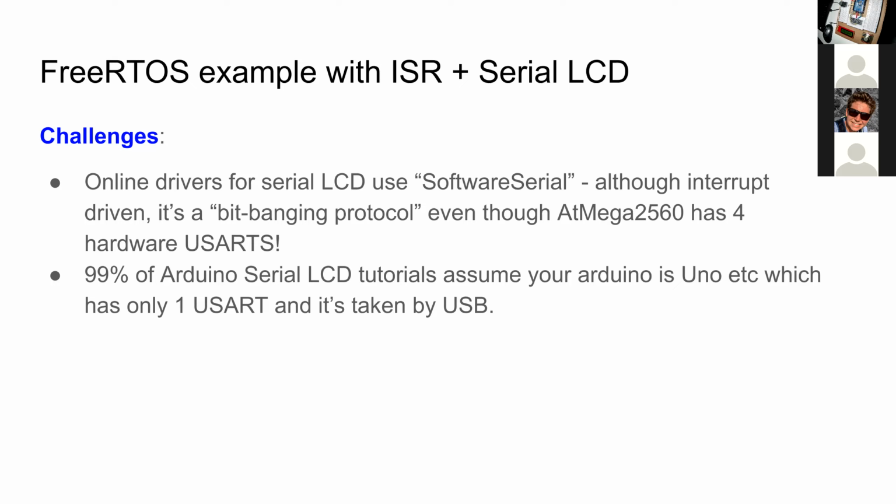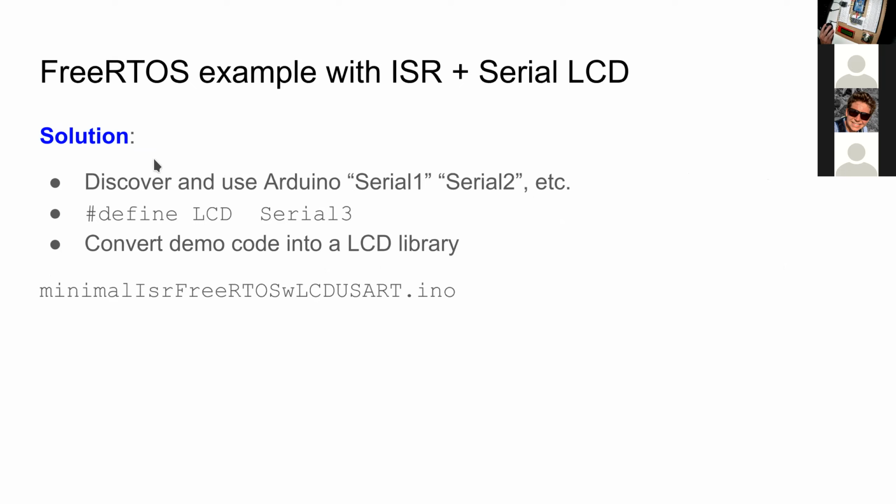But we have 4, and so figuring out how to use that was a little tricky, but it's good because that way there's very, very low overhead driving this LCD. So on the Arduino, we've all used Serial dot to write back to our laptop, but in the larger Arduinos we also have Serial1 dot and Serial2 dot, all the way up to Serial3 dot.